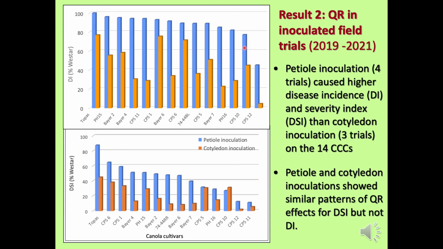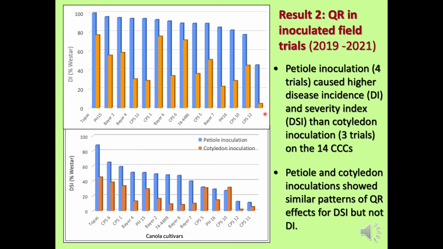And because of the inoculation position so close to the stem, which will cause a higher success of the infection of the stem. There's one variety that seems to reduce the disease incidence quite significantly.